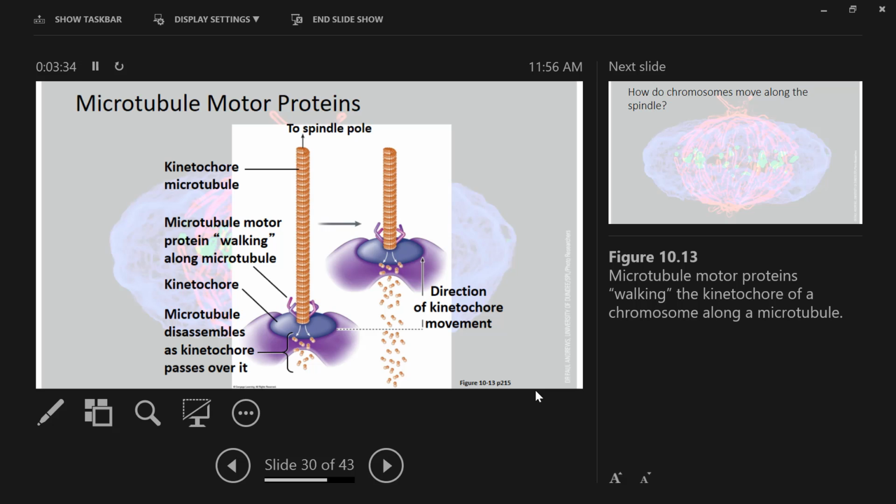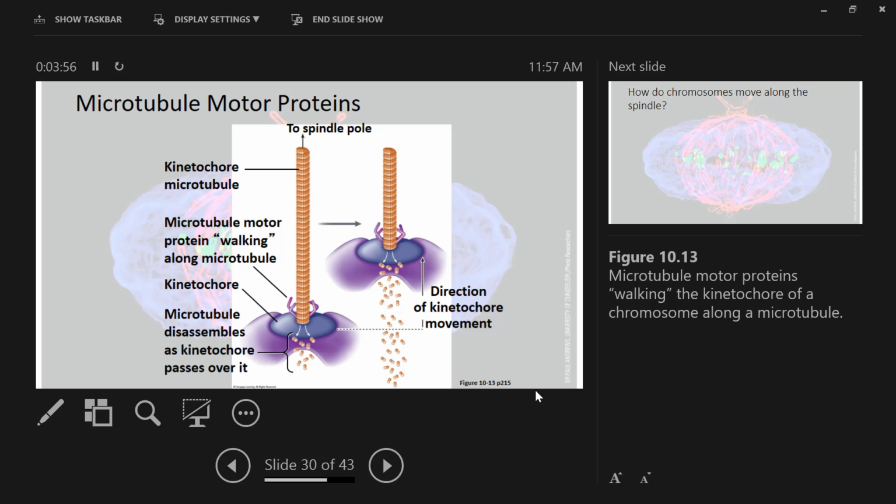And then it has to let go and grab back on because it can't walk this way, right? The motor proteins only walk in one direction. So it has to let go. This shortens a little bit and it grabs back on. And it lets go and it shortens and it grabs back on. At least that's how we think it works. But nobody knows for sure because you can't see in that level of detail. That's how we think it works. All right? Any questions there?